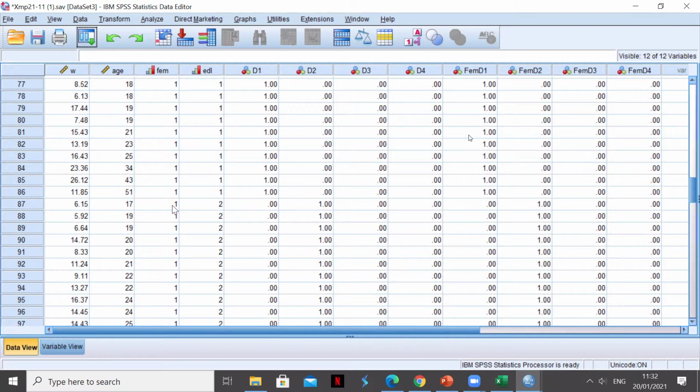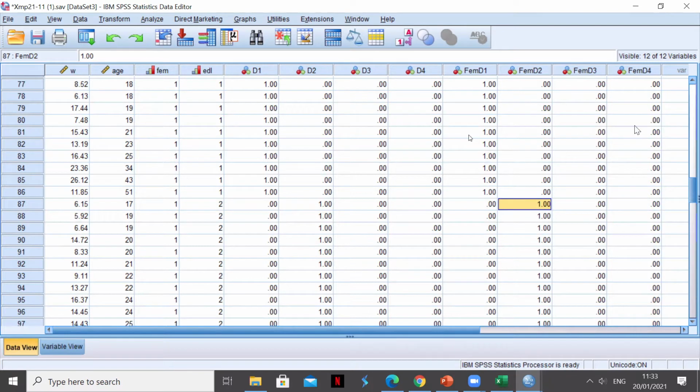It's not like you multiply it. It just returns 1 if it has those values. Because D2 is a dummy variable, it is 1 if education level is 2. And fem is 1 if it's a female. So if they both are 1, then you have 1. Yeah, that would be the explanation.